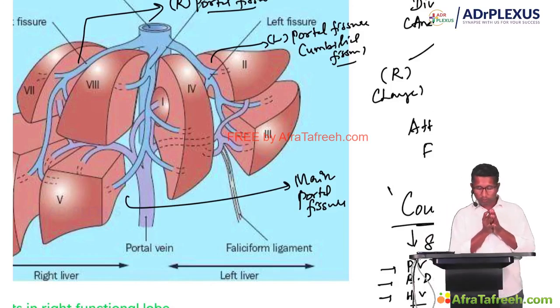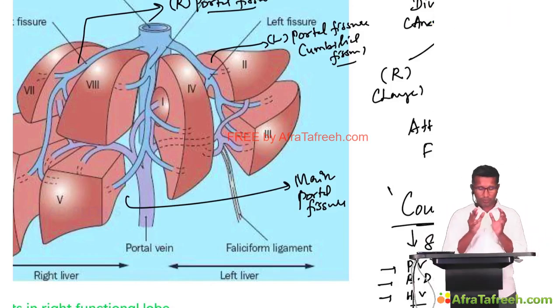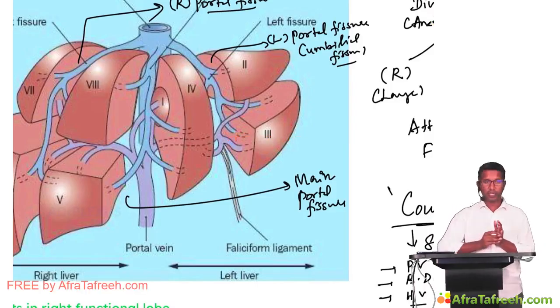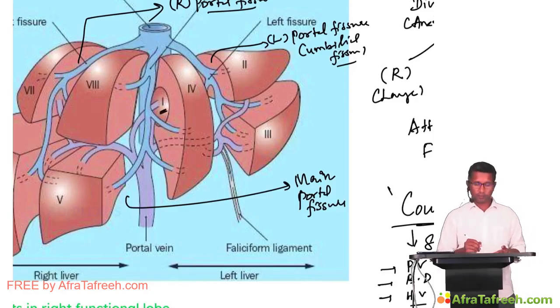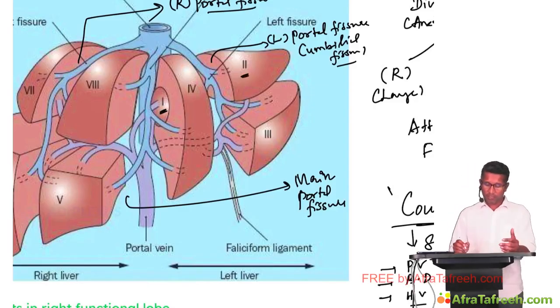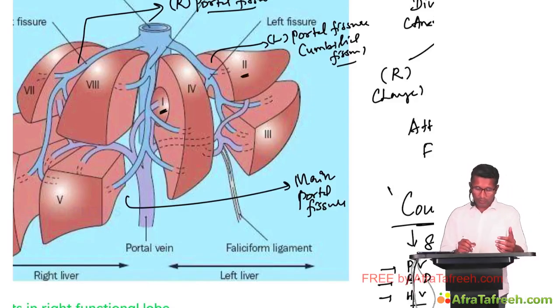Okay guys, so these fissures divide the liver into 8 segments, and if you number the 8 segments in a clockwise direction from the left to the right, the caudate lobe receives the number 1. The left lateral superior segment receives number 2.